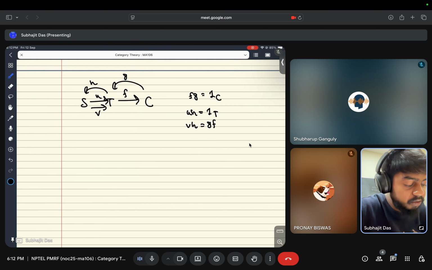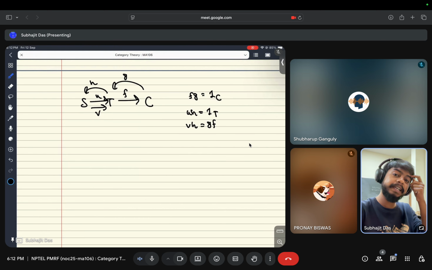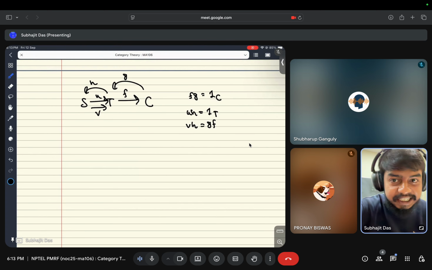If G is 1C, this means that G has a left inverse, which means that G is a split monomorphism, in particular a monomorphism, which means that G is injective, and hence F is surjective as well, right?